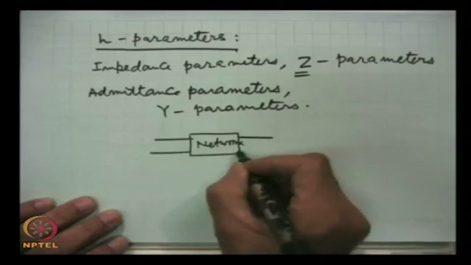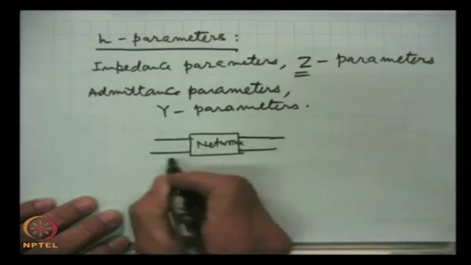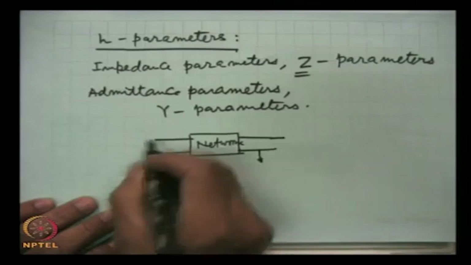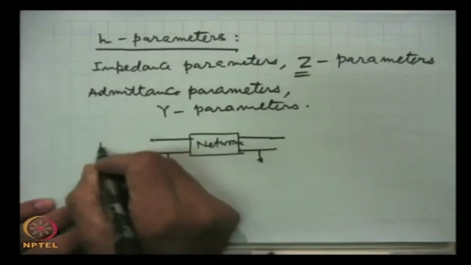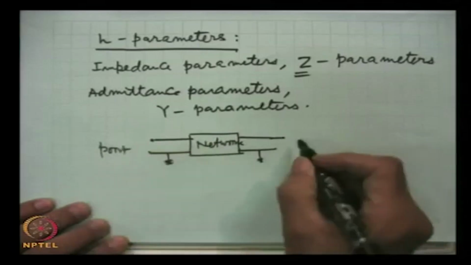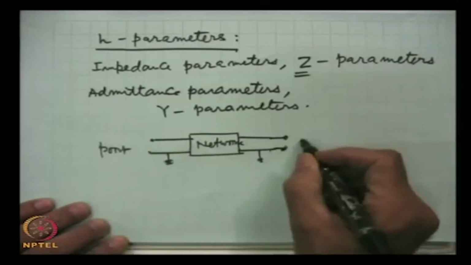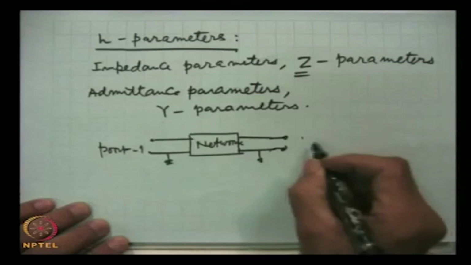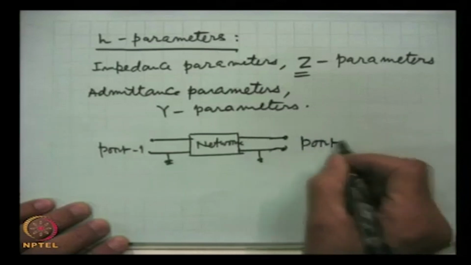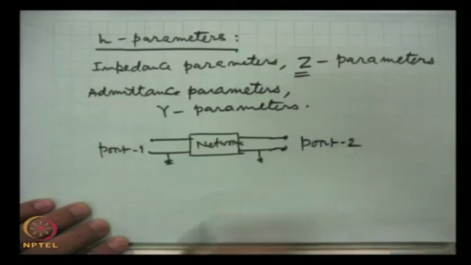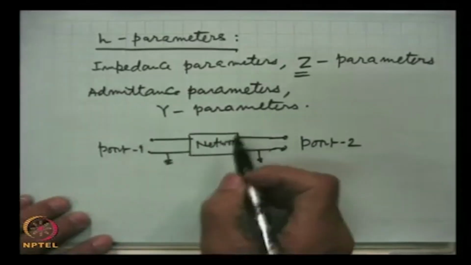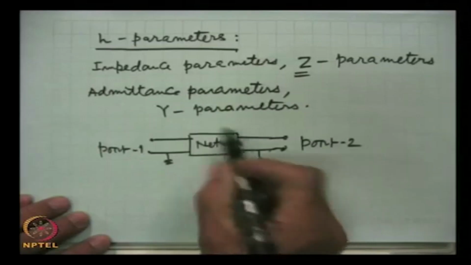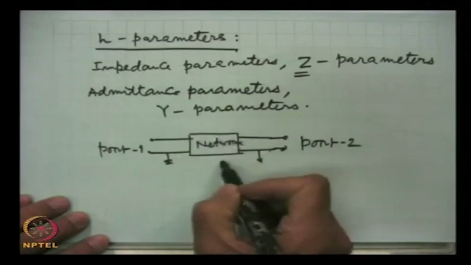This is a 2-port network. This is port 1, this is port 2, and here we are not concerned with what is inside this box.